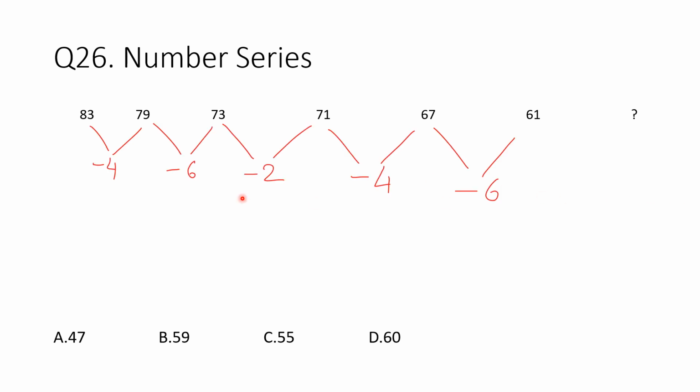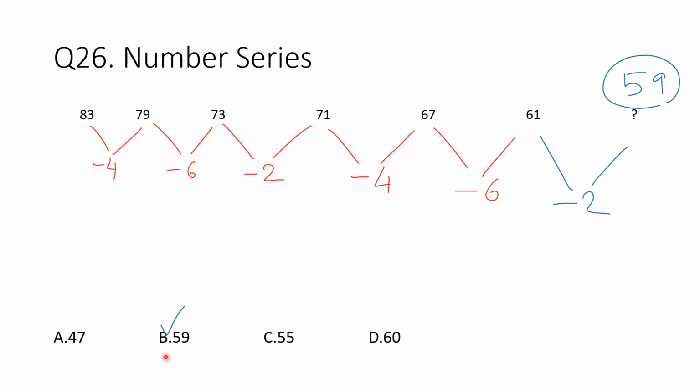Let us try to find the difference. 83 minus 4 is 79 minus 6, 73 minus 2, 71 minus 4, then again minus 6. So it is minus 4 minus 6 minus 2. Minus 4 minus 6. What may be the next one? Minus 2.